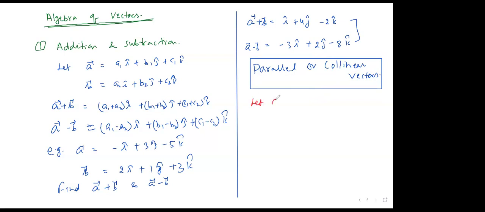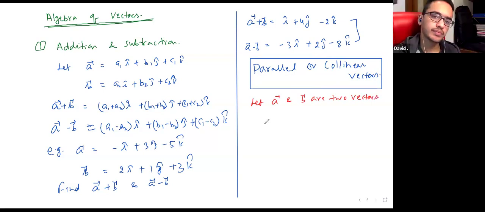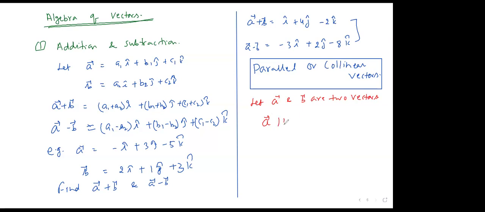Let A and B be two vectors. A vector is parallel to B if A can be written as lambda times B, where lambda is a constant.